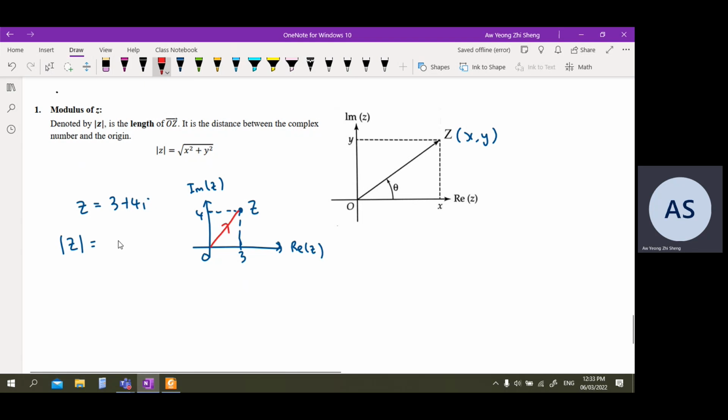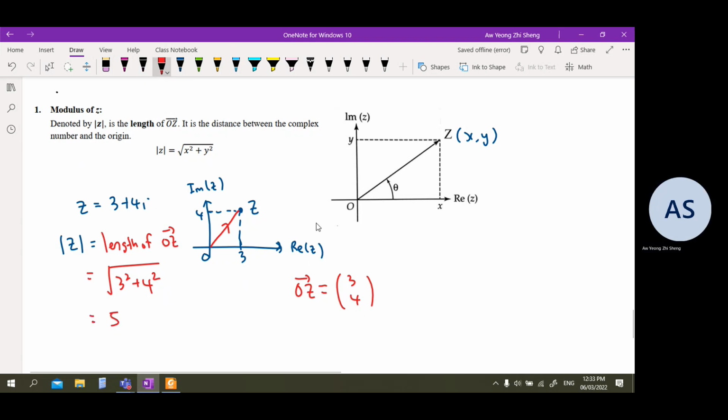Now, because your OZ is the vector (3, 4), written in vertical bracket form, then the length of OZ must be the square root of 3 squared plus 4 squared. We have learned how to calculate the length of a vector in the vector chapter. And from here, you can get 5.